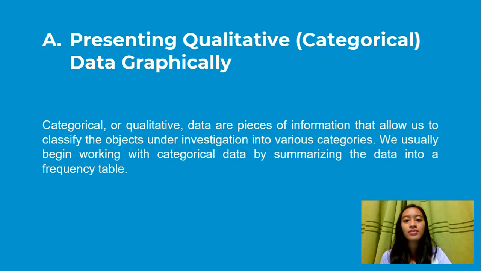Okay, so first we have presenting qualitative or categorical data graphically. Categorical data, or nominal or ordinal data, or the qualitative data, are pieces of information that allow us to classify objects into various categories. We usually begin with categorical data by summarizing it into a frequency table.